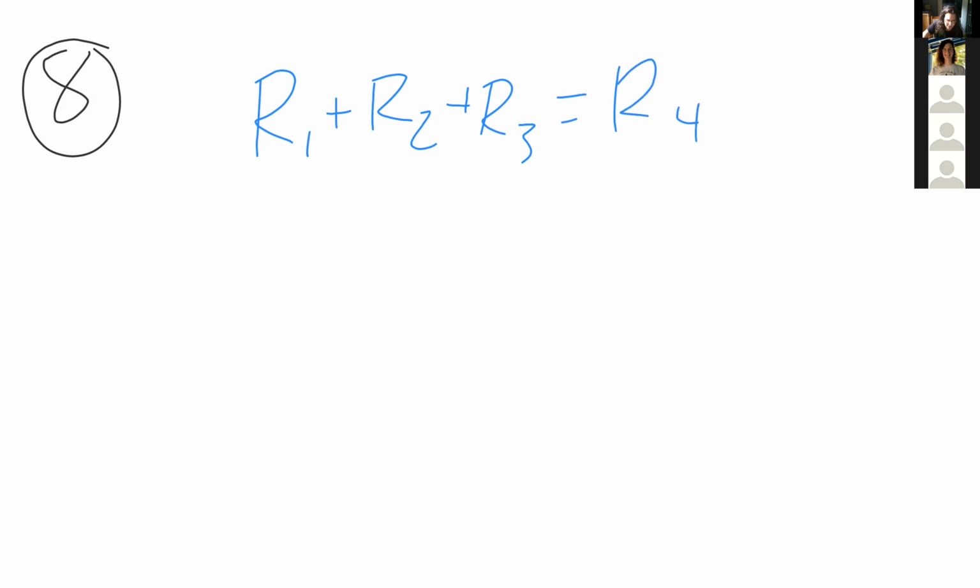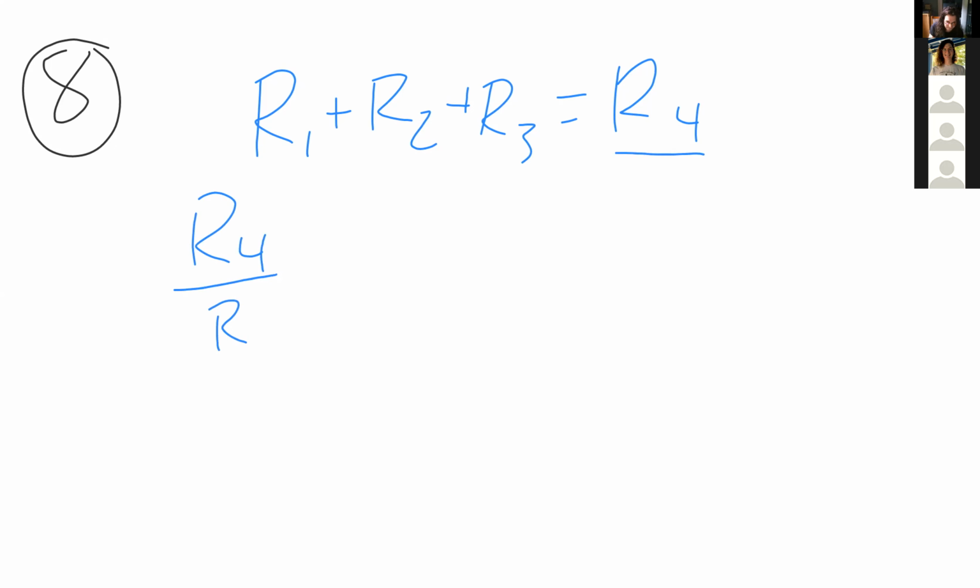And they just want a ratio of the speed of the water in four to one of the other ones, specifically the one that's carrying 25 liters. So in that case, we just do the rate of 4 over the rate of whichever one is carrying the 25 liters per minute.